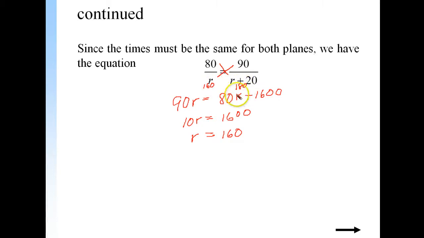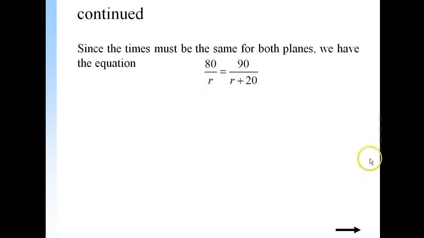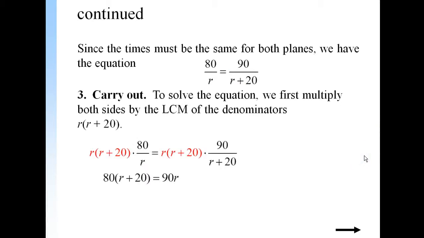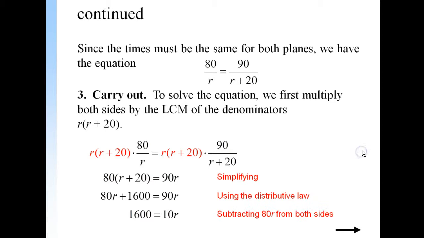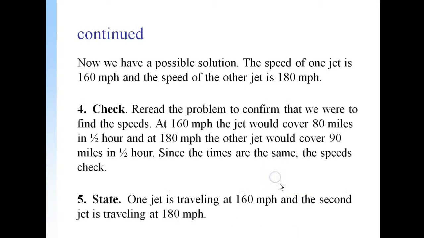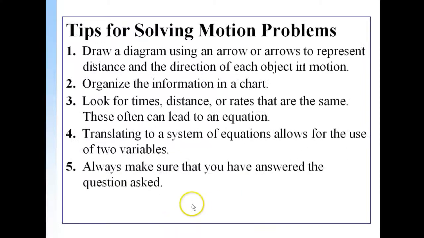And those are our answer statements. And there we got R equals 160, but we have to know the other one too. And it does check out. So the slower plane was 160. The faster plane was 180.